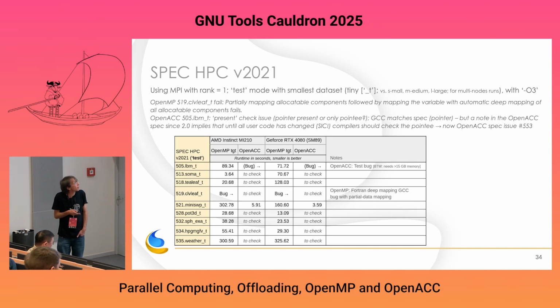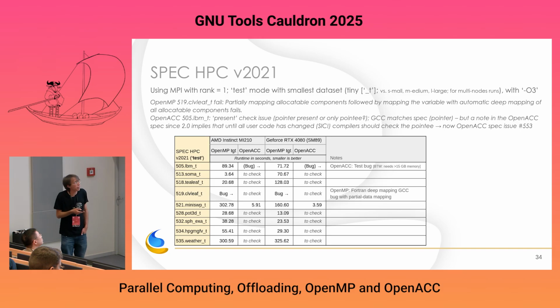There's a Fortran deep mapping bug I need to fix, and an OpenACC bug where the code doesn't follow whether the pointer or the pointee is present, and that's a nice issue because the specification says it should be as GCC has implemented it, but there's a comment in the specification as well which says that until all the code has changed, a compiler should behave as in OpenACC 1.0 instead of 2.0, so that needs to be fixed at some point as well, but that's kind of the issue we run into why it fails with data not mapped in the LBM test case there.